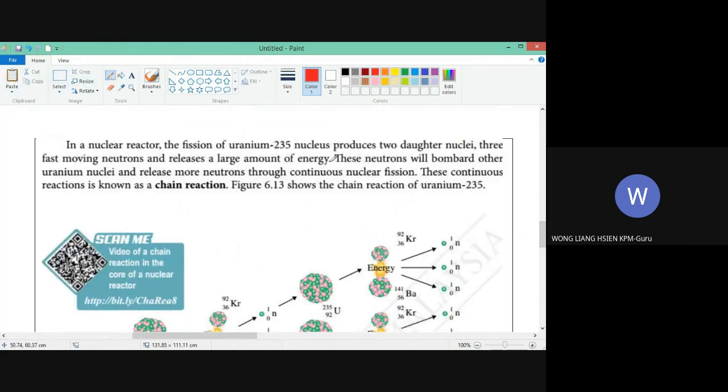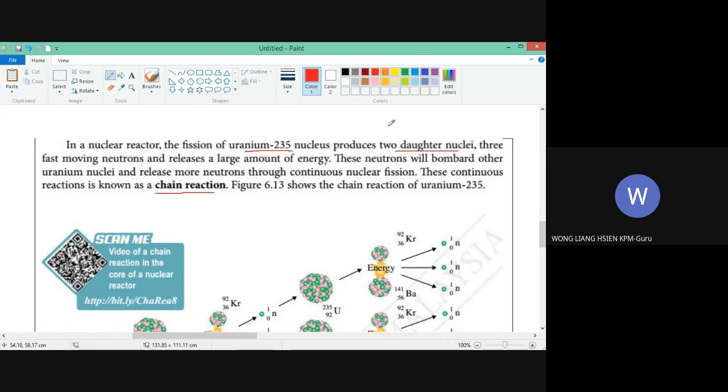But of course, before that, we need to learn something about the chain reaction. So in the nuclear reactor, the fission of a uranium-235 nucleus produces two daughter nuclei.